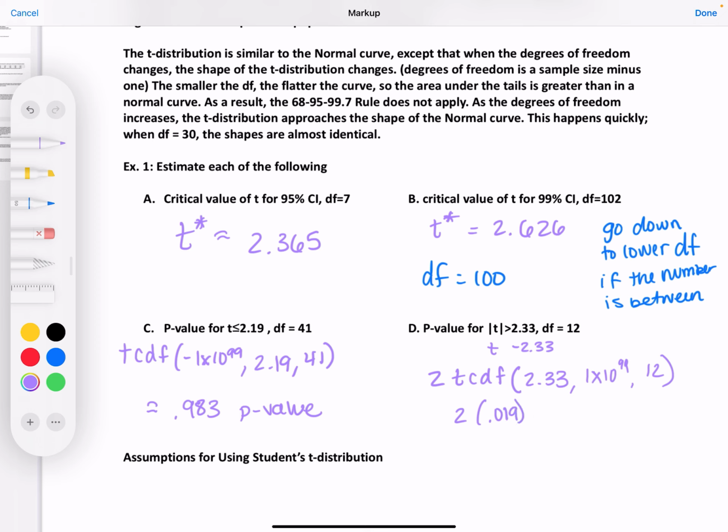I still don't know. 0.019. Okay, so 0.019, and then we're going to multiply it by 2. Times 2. I got 0.038. And that's going to be your p-value. Would it matter which one you did first? What do you mean? We're not going to put the negative 1 in. We're just going to account for the negative 1 by multiplying by 2. Okay.